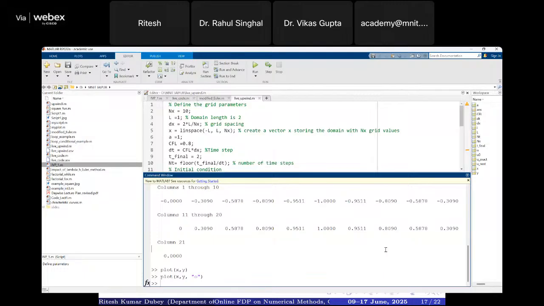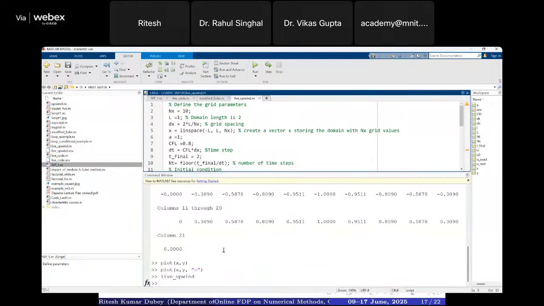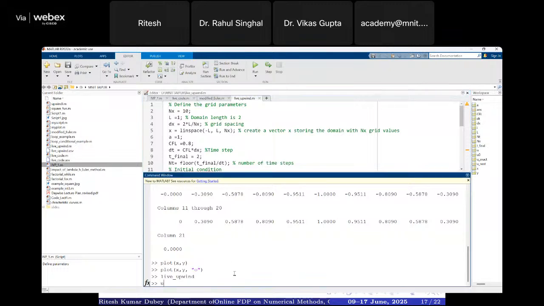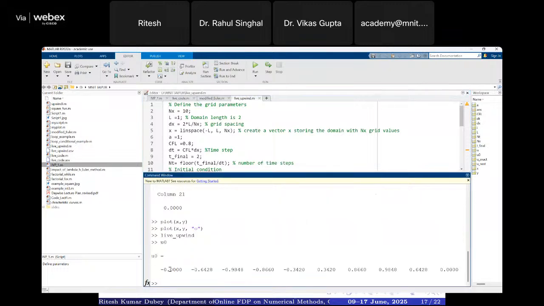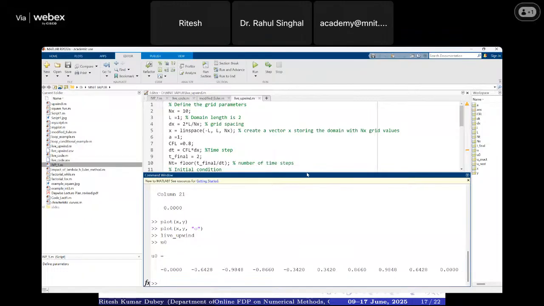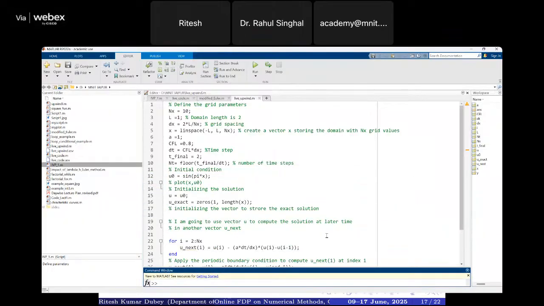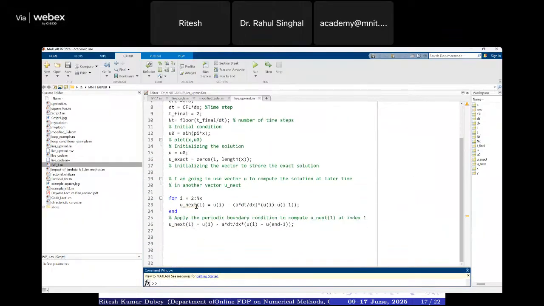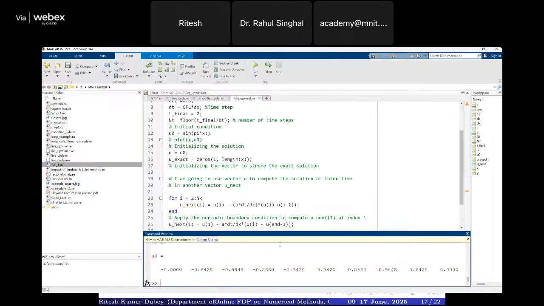If you see u0, this value and this value are the same, as I said, minus 0 and 0, almost the same because of the periodicity. If I put i minus 1, it will be u0, but MATLAB does not allow index 0.